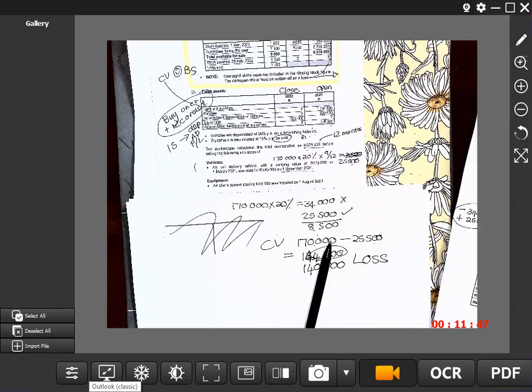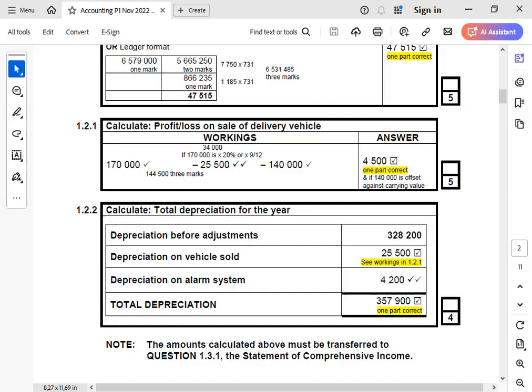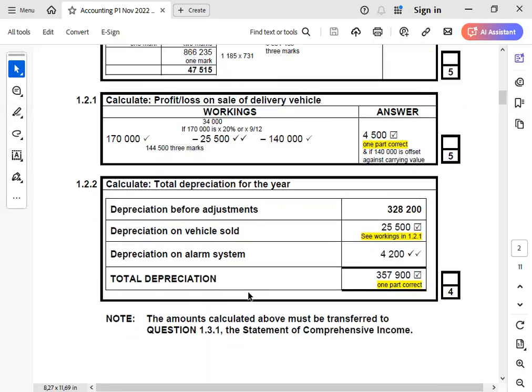I'm quite stupid here. Can you see that I'm stupid? Because I was supposed to use the answer sheet, and in the answer sheet, they already gave me that. So let's quickly see. Can you see the depreciation before adjustments? So we were right about the vehicle sold. Can you see?